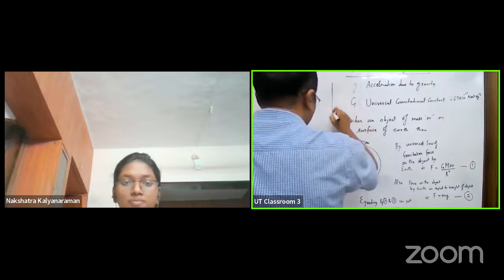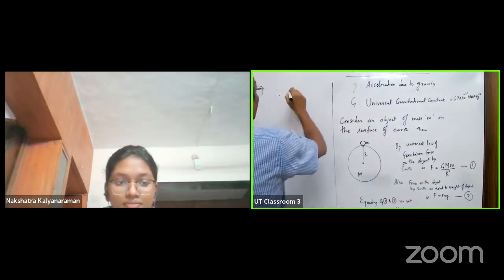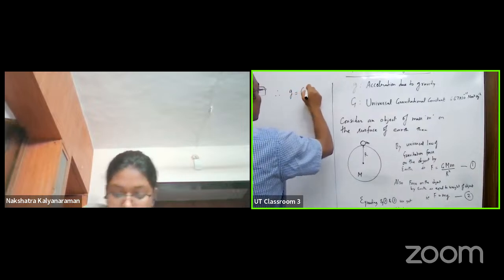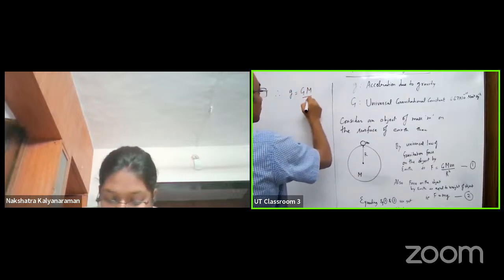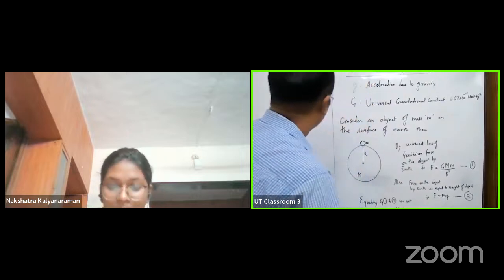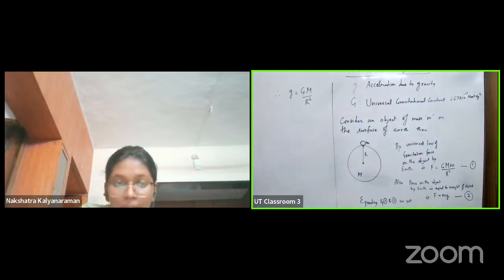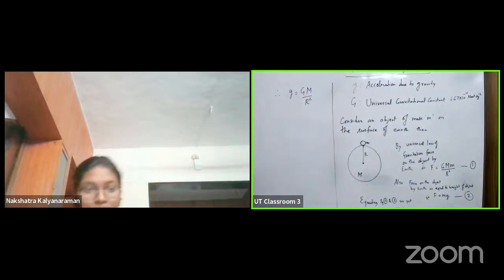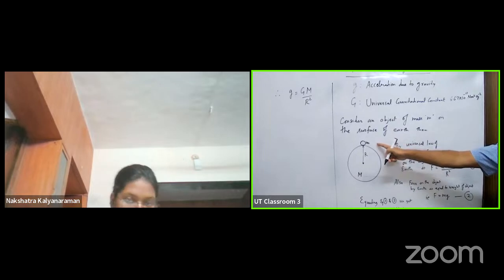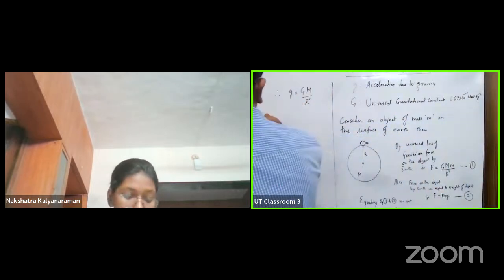Therefore, small g is equal to capital G into capital M divided by r square. So you see, acceleration due to gravity is independent of the mass of the object. Now substitute the values.